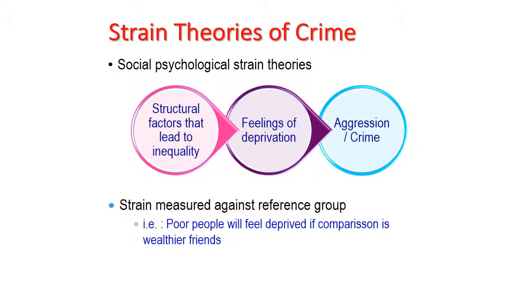In this case, he says that the structural factors that lead to feelings of inequality could be unfair treatment based on race, age, gender, but it could also be a result of, for example, poor family environment, not in the terms of not having enough money, but in terms of neglect or abuse as a child.